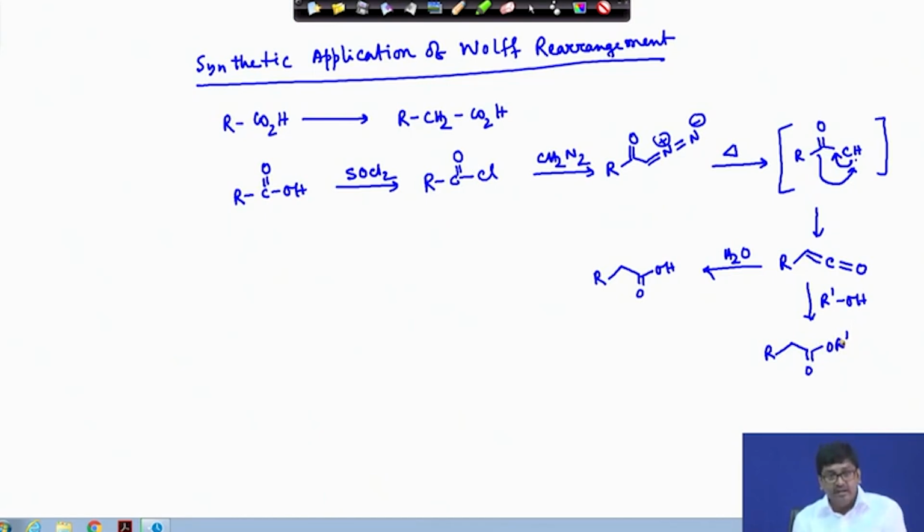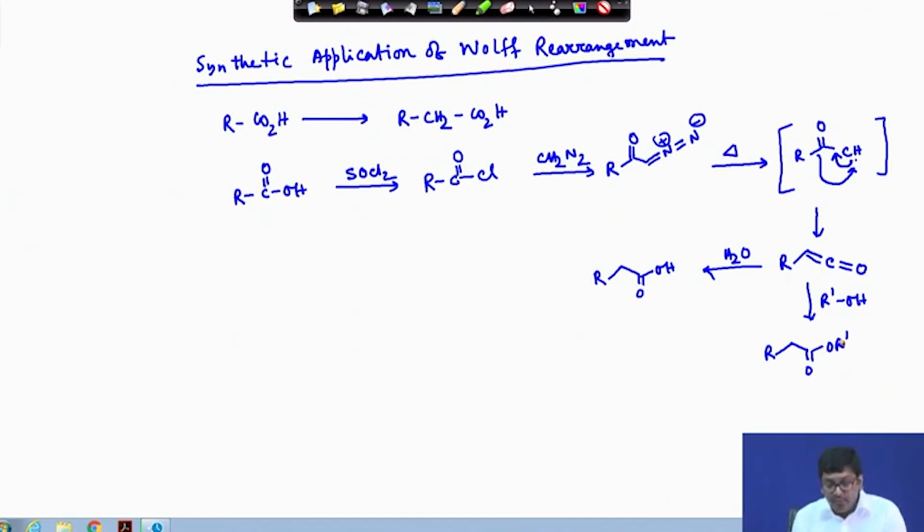So, we are starting from a carboxylic acid and ending with a 1 carbon homologated carboxylic acid or its corresponding ester, and this is happening through the Wolff rearrangement.